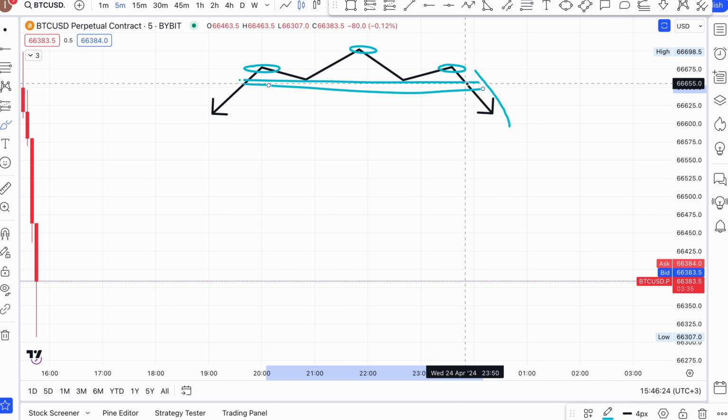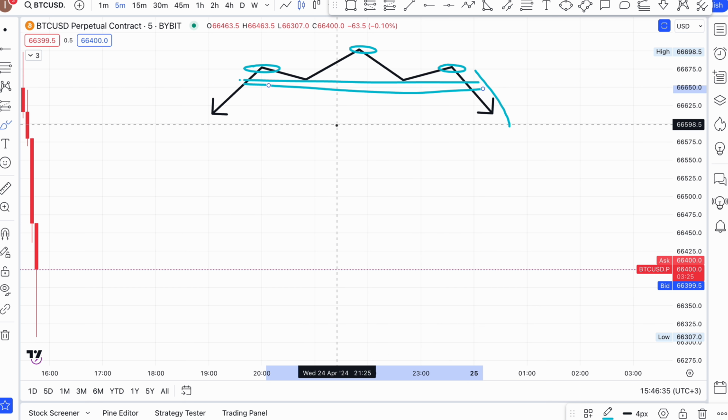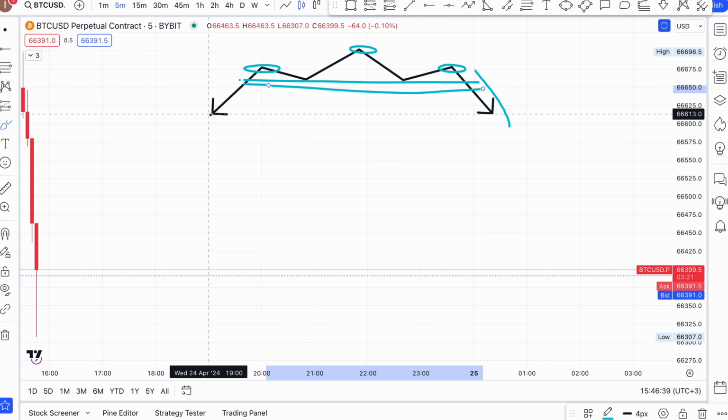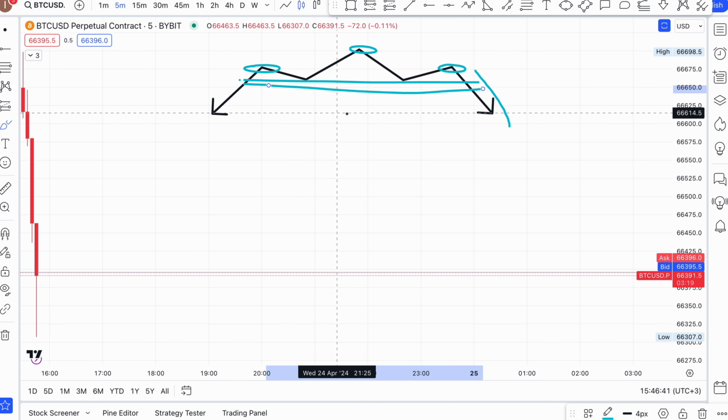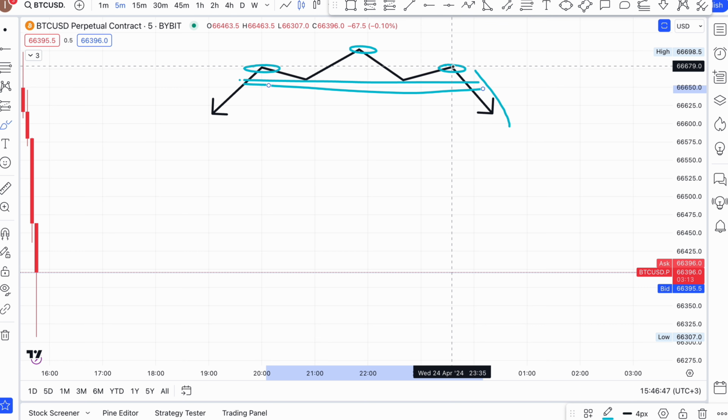So now, when you enter, how would you get out of the market? Where will you put your take profit? You put your take profit either at the next leg, just as this side, or you multiply the length. You measure this place with your ruler.